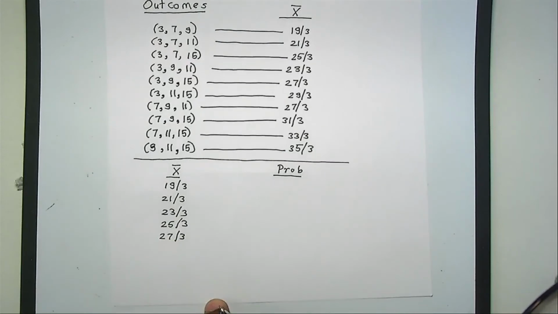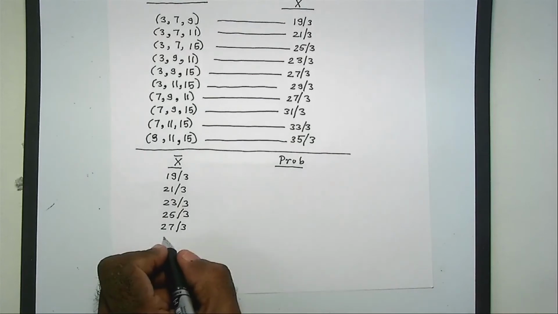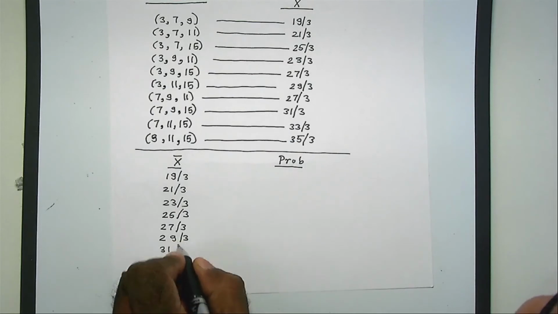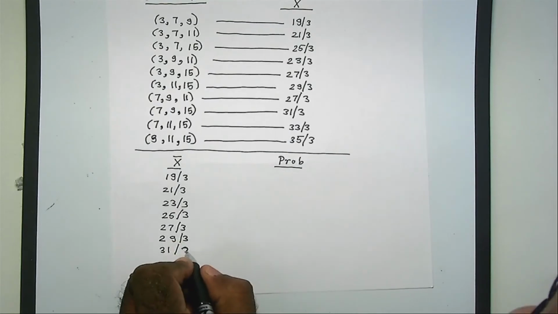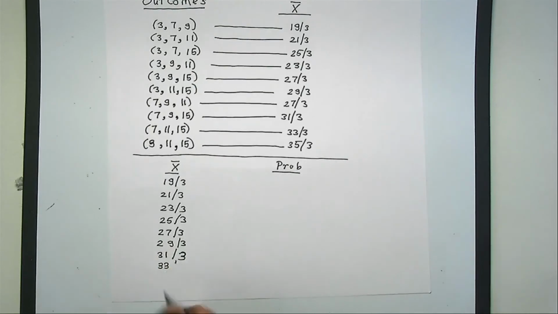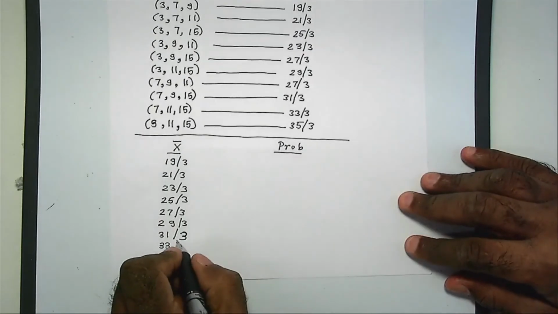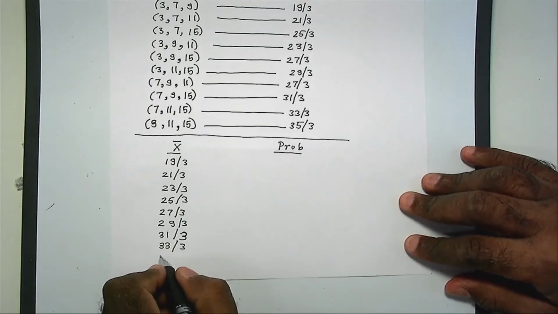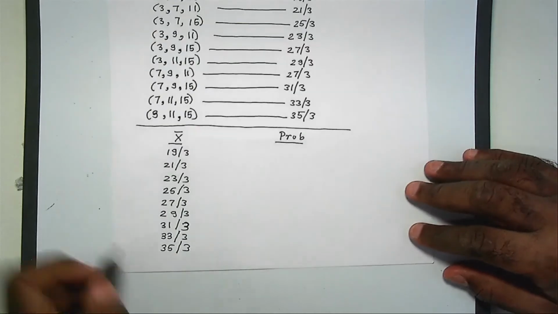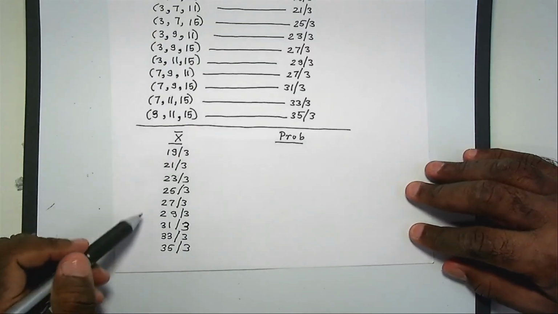And then you have 29 divided by 3, you have 31 divided by 3, okay? And then you have 33 divided by 3, and finally you have 35 divided by 3. So these are the distinct possible values for x bar.